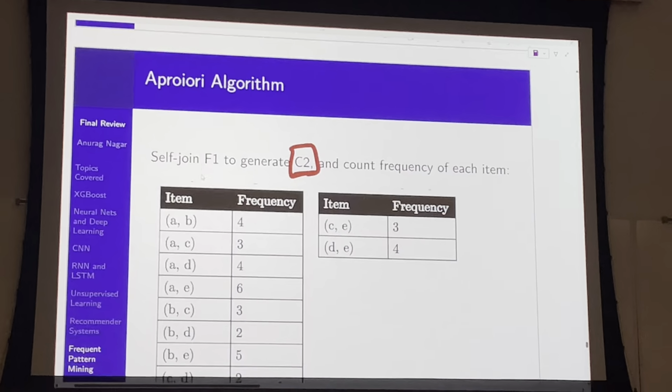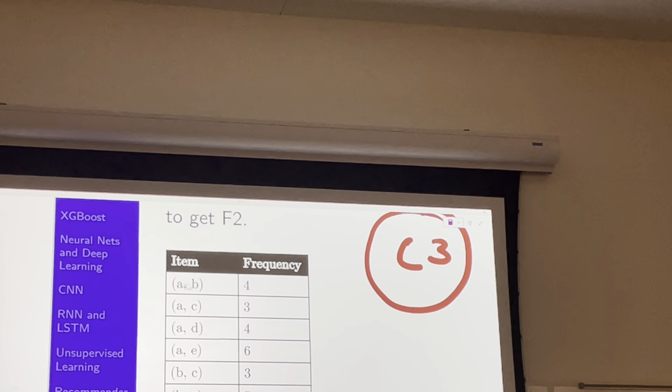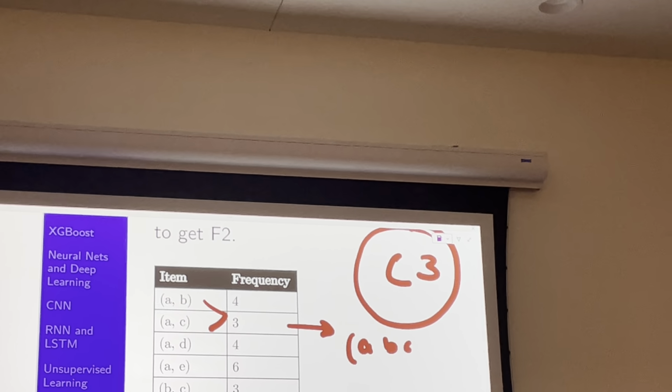Now here is where it gets interesting. When you do C3, candidate generation of length 3, I'm going to combine these two. I can self-join these two because they have the same prefix. Since they have the same prefix, I can join these two to generate A, B, C. Similarly, I can self-join this to this and generate A, B, D. Similarly, I can self-join AC to AD to say ACD.